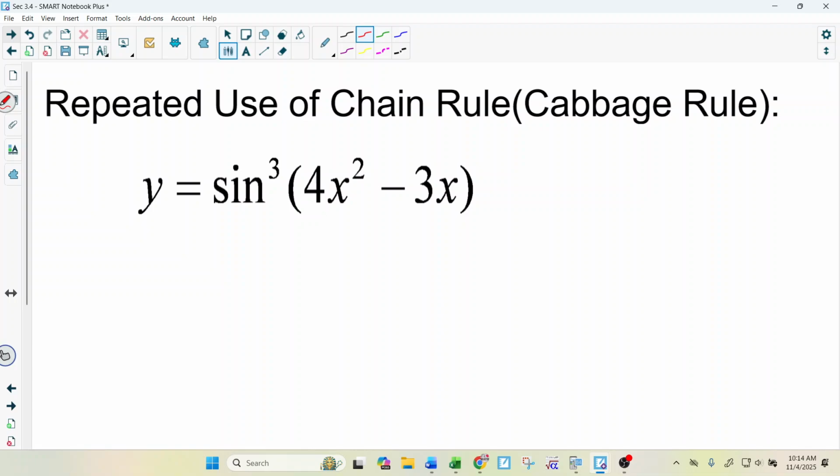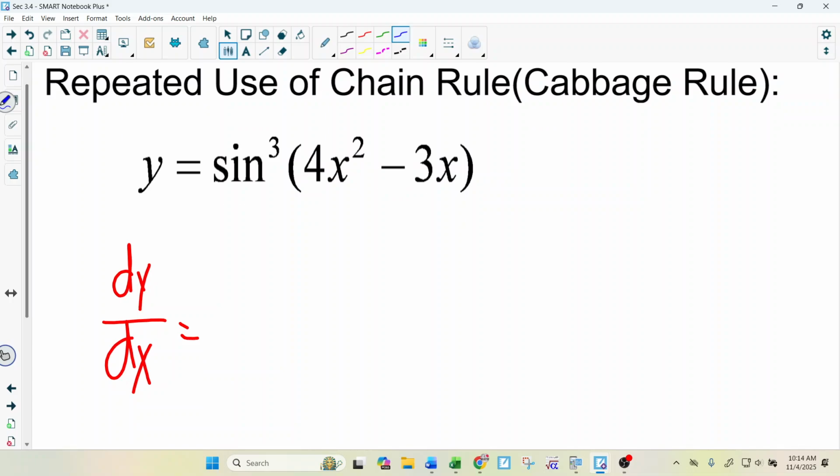So let's say we have sine cubed of 4x squared minus 3. So we want to find du/dx. First you want to think, what function is all the way on the outside? That would be the cube, right?